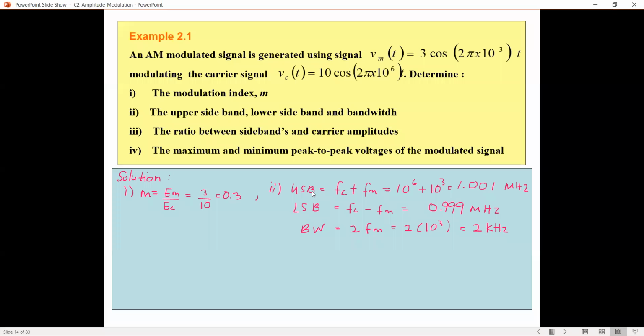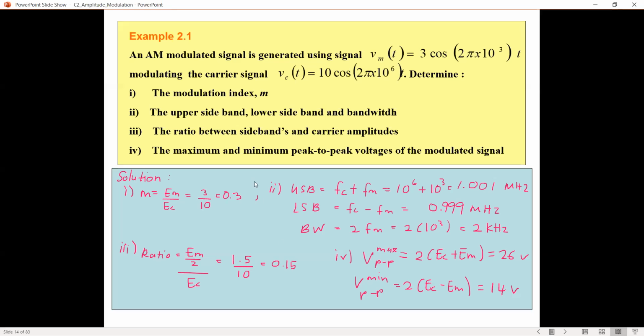With USB minus LSB, the highest minus the lowest frequency, we get our bandwidth, which is equal to 2 kilohertz. And the ratio between sideband and carrier amplitudes: our sideband is EM over 2, divided by EC, which is 0.15.